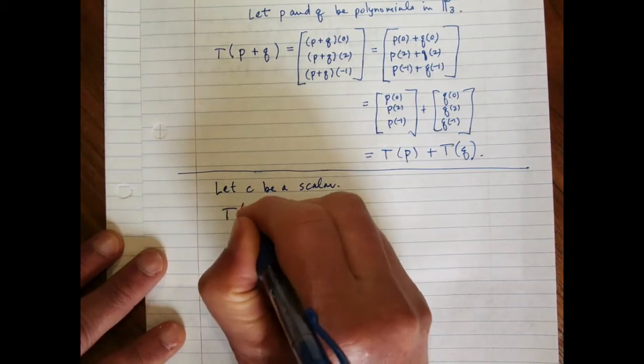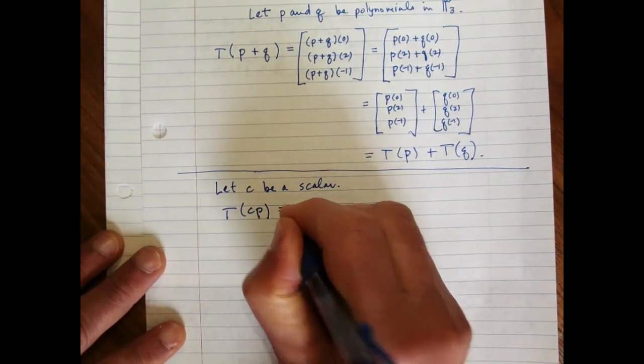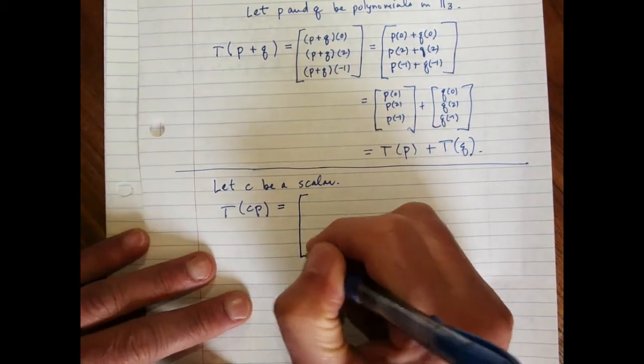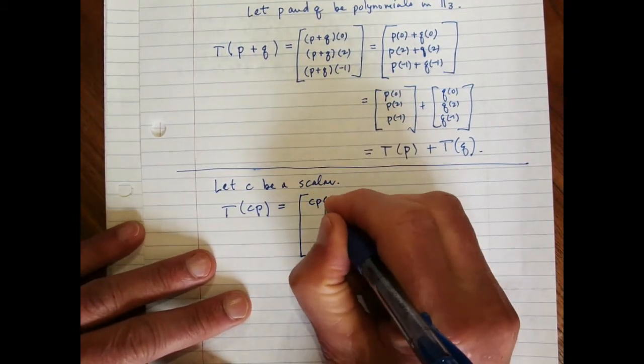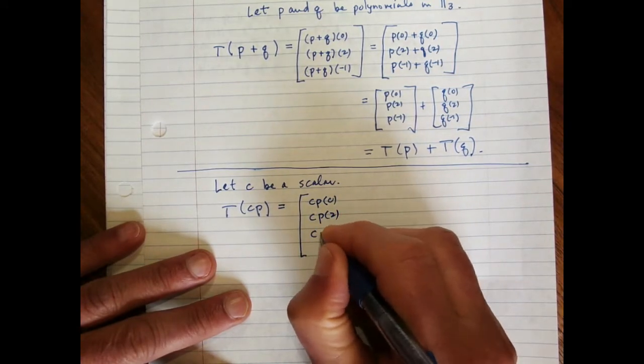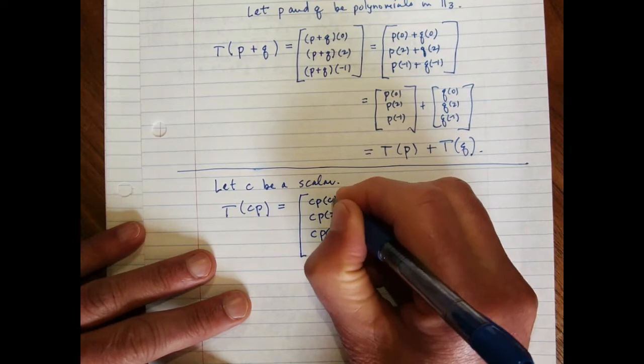Look at T of C of P. T of C of P is going to be C times P at 0, C times P evaluated at 2, C times P evaluated at -1.